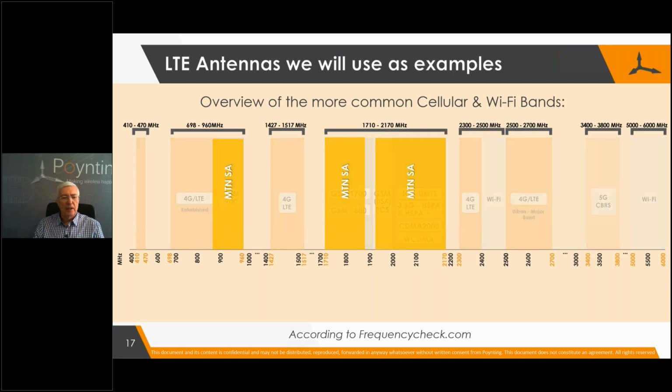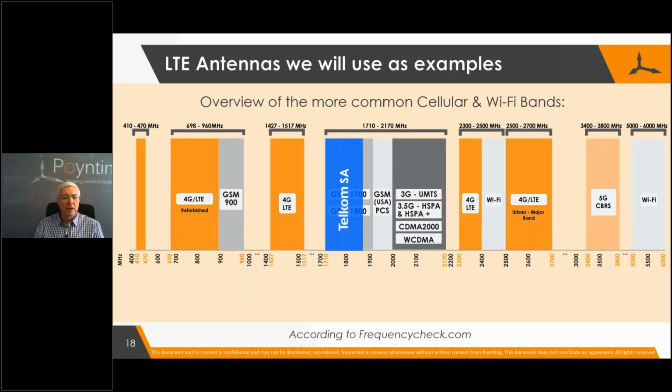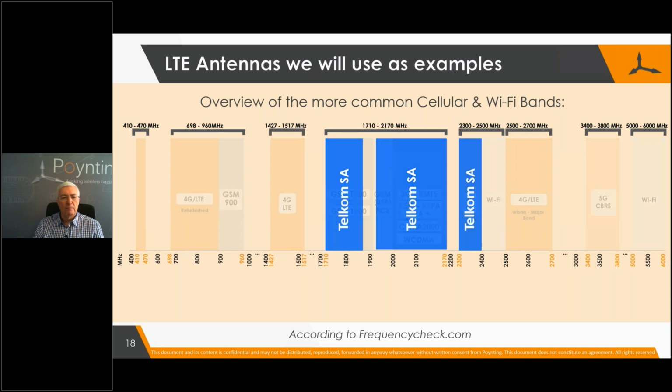MTN in South Africa uses pretty much the same frequencies, and Telkom South Africa uses those frequencies. So this gives you an indication of how important it is to understand the frequency that your service provider transmits at in terms of choosing the correct antenna.